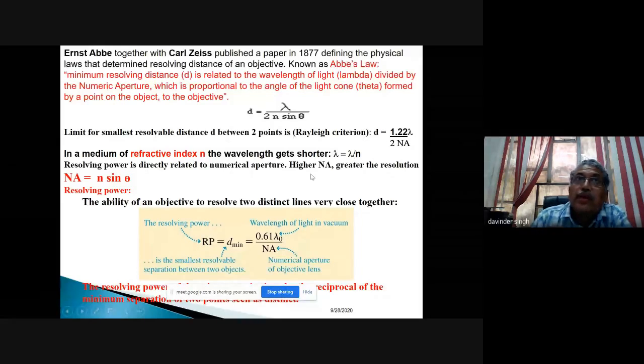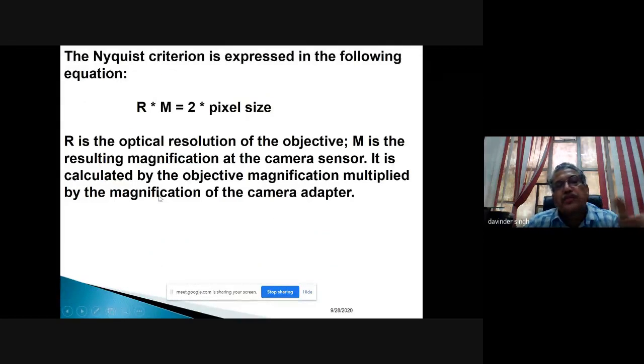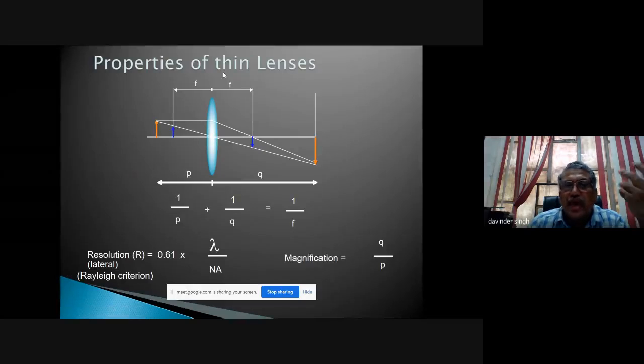That's why in advanced microscopes, the lenses are dipped in a medium of higher refractive index, and you can go up to 2000x magnification with the materials microscope I have in my lab, with resolution up to 0.5 micron or so. And if you convert this image to a digital image on the screen, there is another criterion, the Nyquist criterion, which says the resolution must be equal to 2 times the pixel size. So we have to understand what we want.